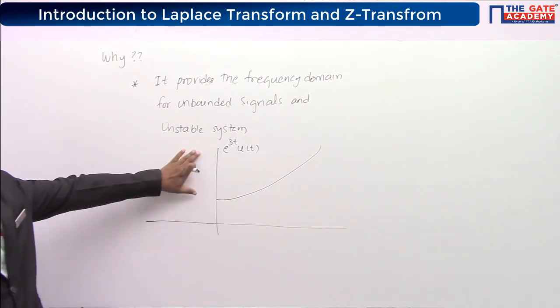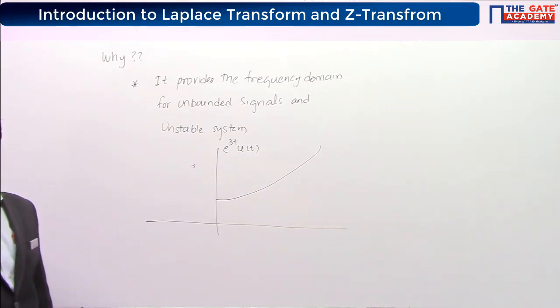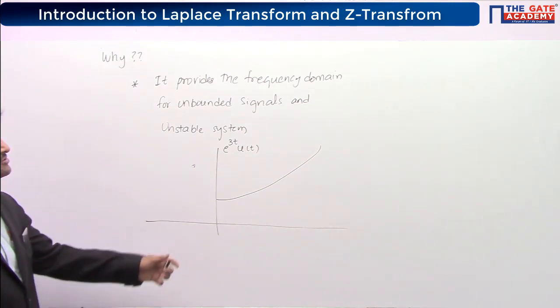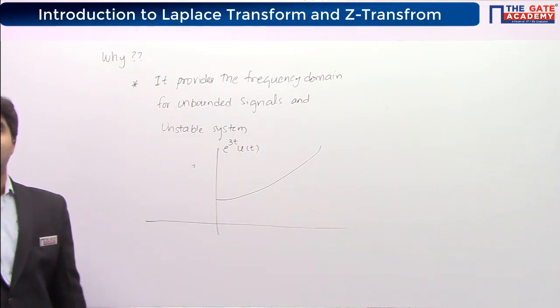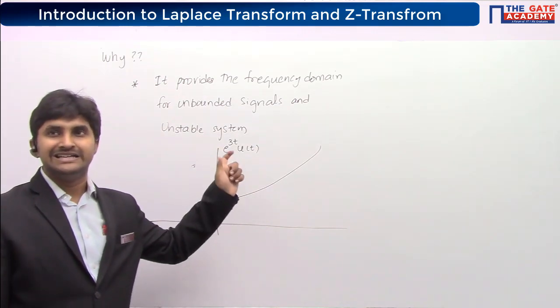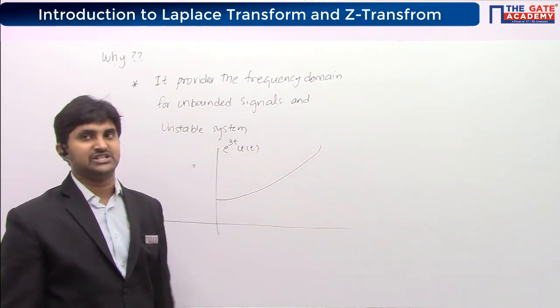Can we apply the Fourier transform on this signal? Yes or no? It is not possible whatsoever, because it is an unbounded signal not satisfying the existence criteria. So I cannot apply the Fourier transform on this.